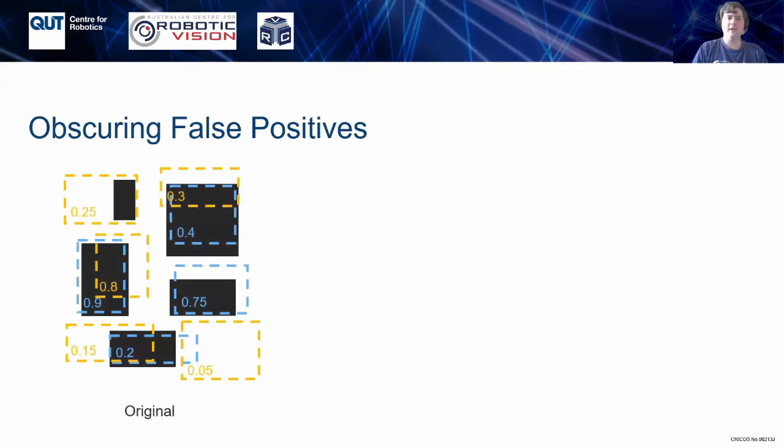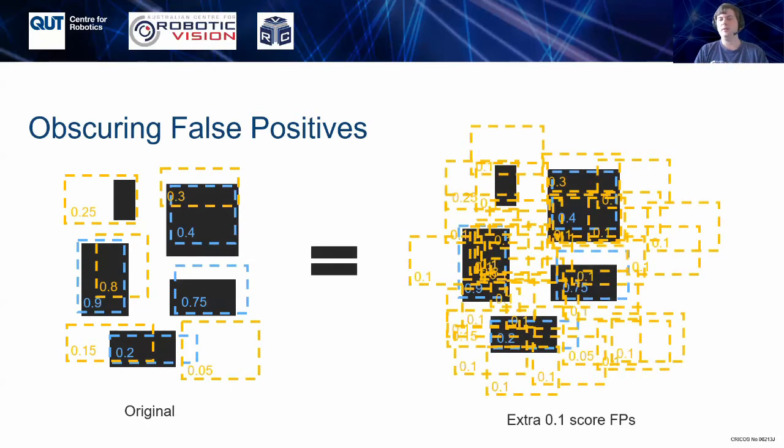So what I mean by this is that if we have a situation again like this, and our lowest true positive confidence is 0.2, and we flood this image with false positives of confidence 0.1, they aren't going to affect the MAP score at all, because in terms of the precision recall curve, they occur after we have reached a set level of recall.